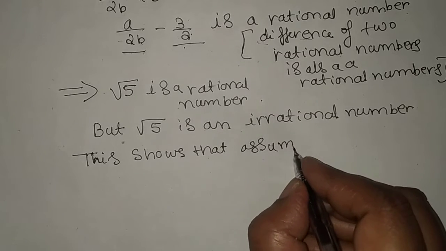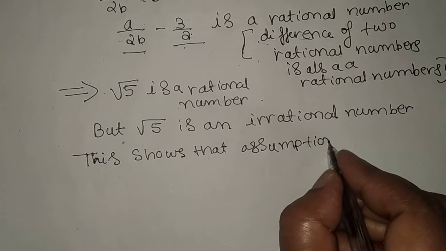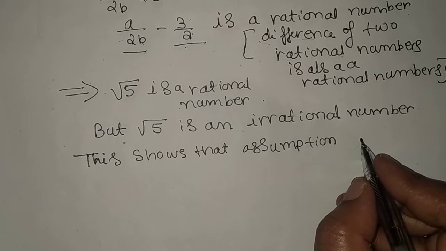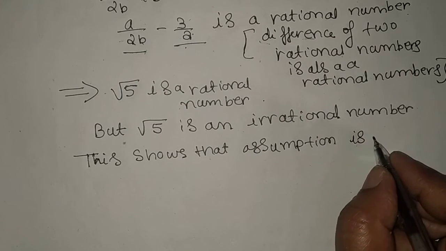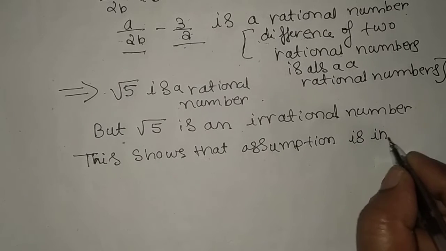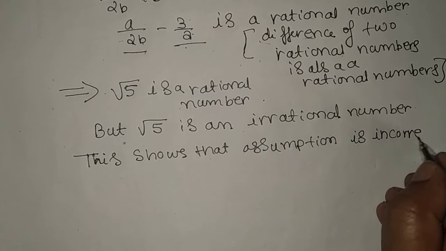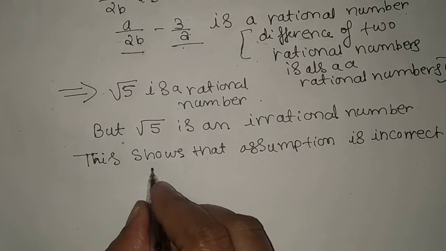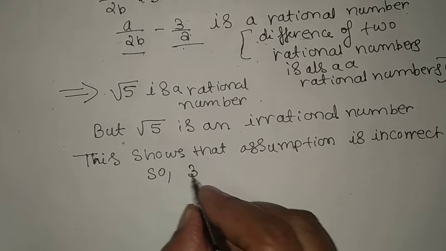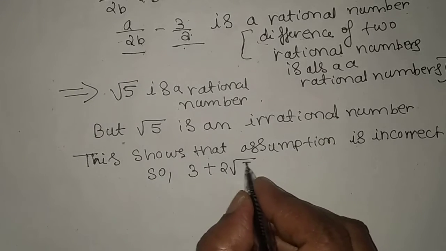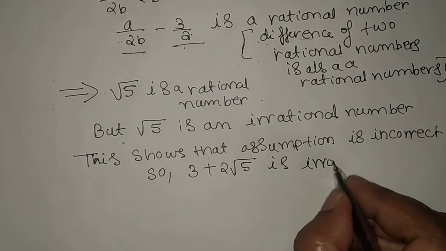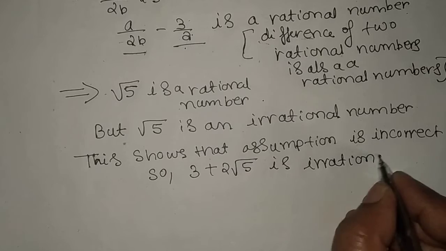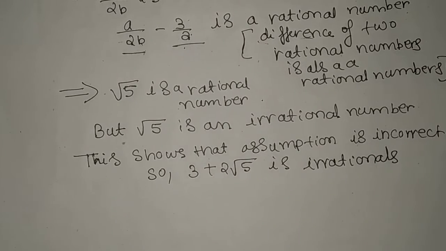What we assumed as a rational number, the assumption is incorrect. So finally we can write, 3 plus 2 root 5 is irrational. So this is the solution for the second problem.